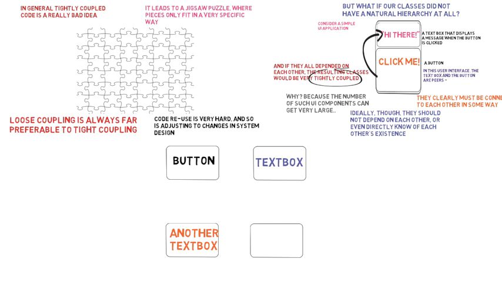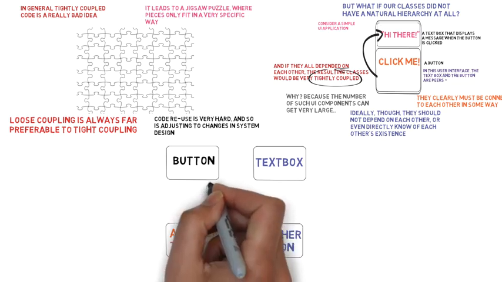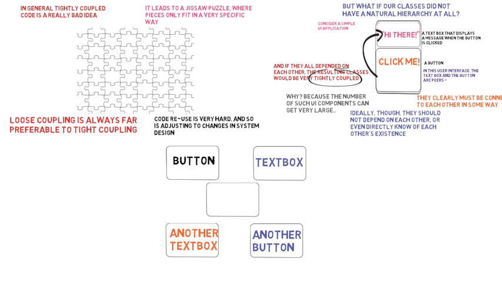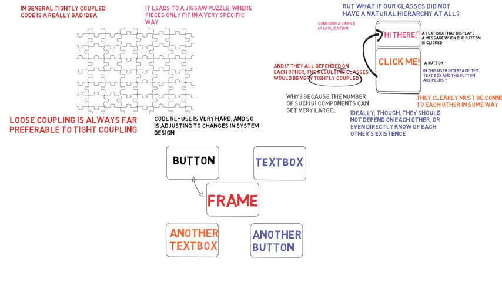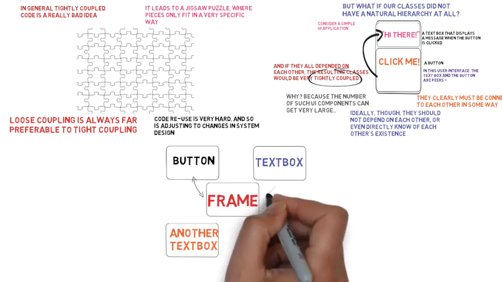So there it is. We have one button and a text box, another text box and a button. There is this frame which contains all of this. It's also the frame which holds all the interactions between these UI components.